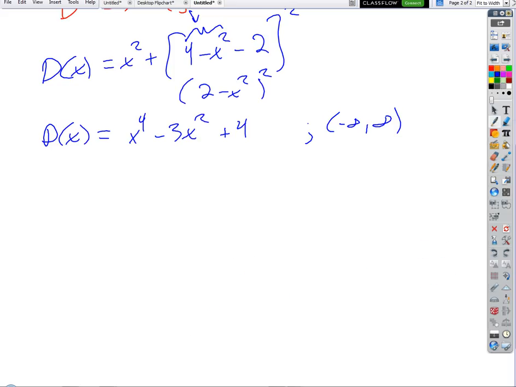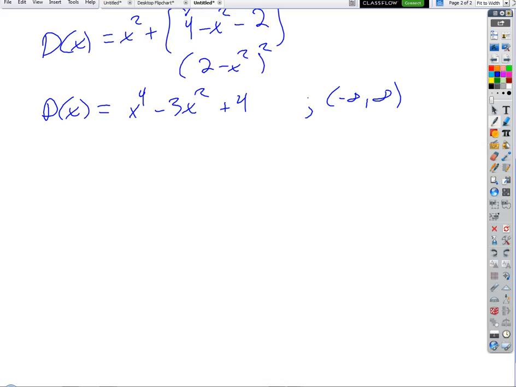Okay, so now we can start doing calculus. And this is easy calculus because it's a polynomial. When you see a polynomial in calculus, you just start slobbering because it's going to be easy work. What's d prime going to be? 4x cubed minus 6x.